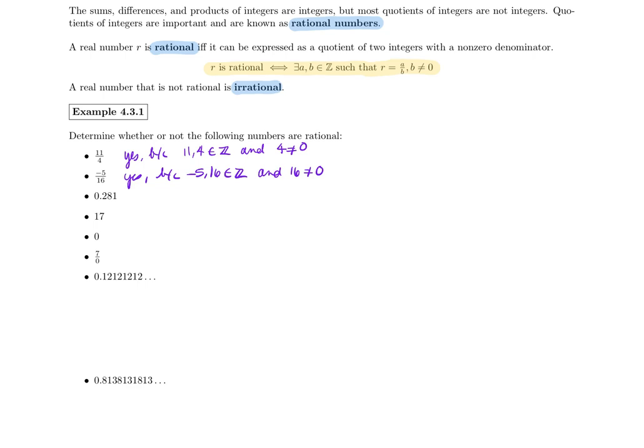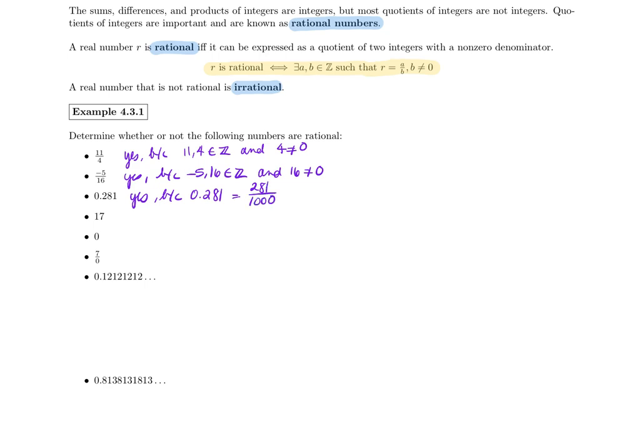I got a little tricky on the next one. Is 0.281 rational? If you think back to when you were first learning about decimals, you learned how to rewrite them as fractions. So we could rewrite this one: 0.281 equals 281 over 1,000, right?